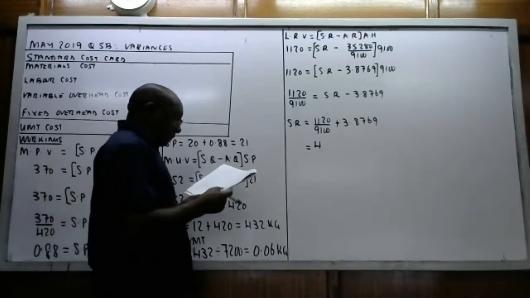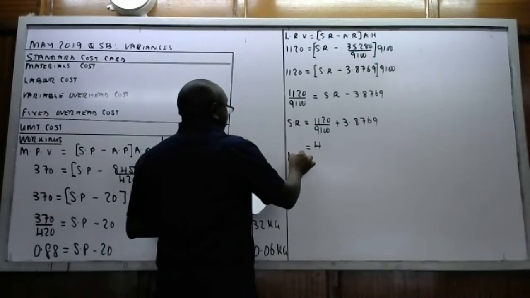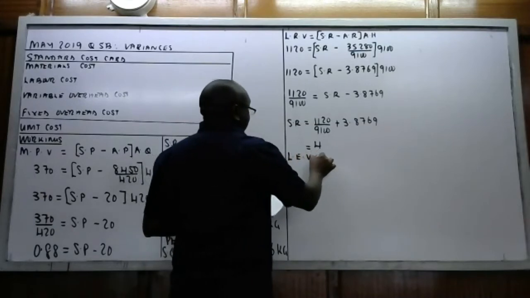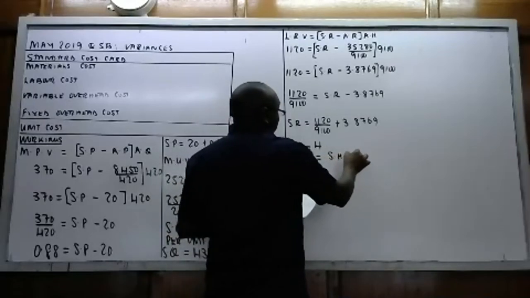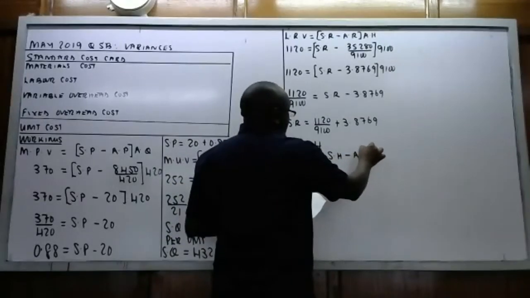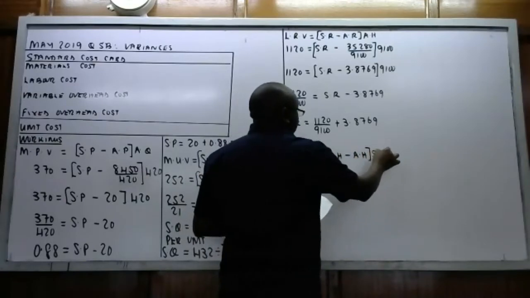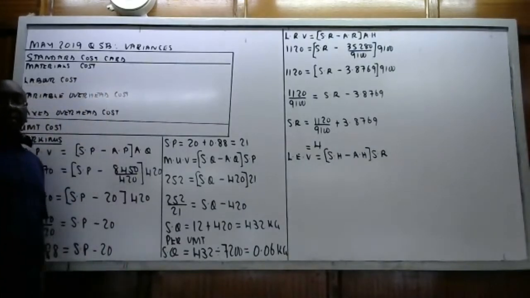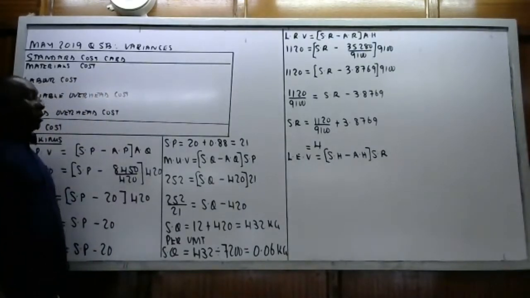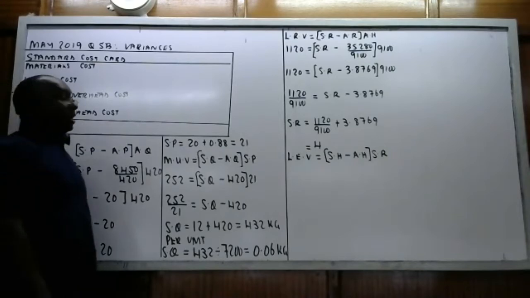Let's go to labor efficiency. So labor efficiency variance is supposed to be given as standard hours minus actual hours, you multiply by standard rates.